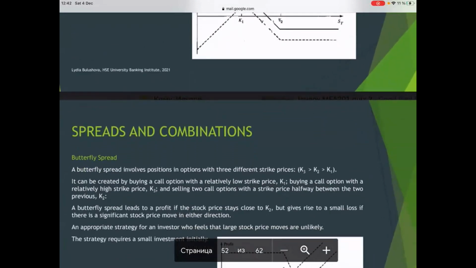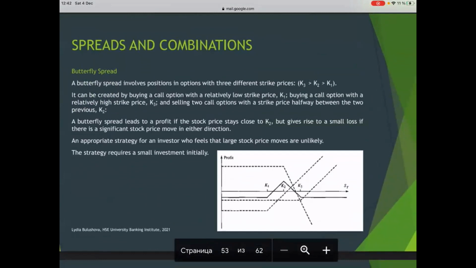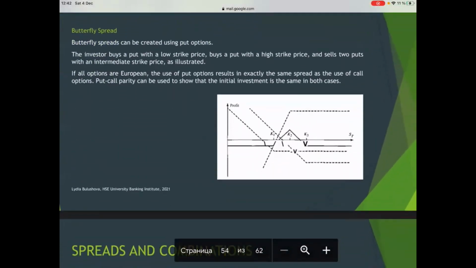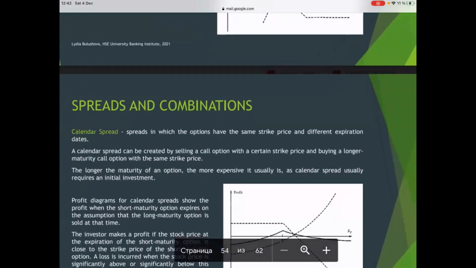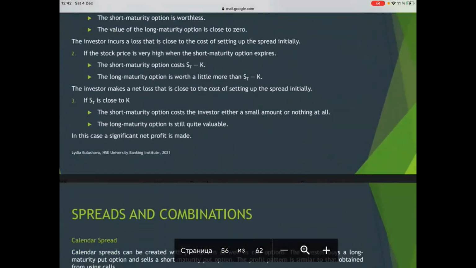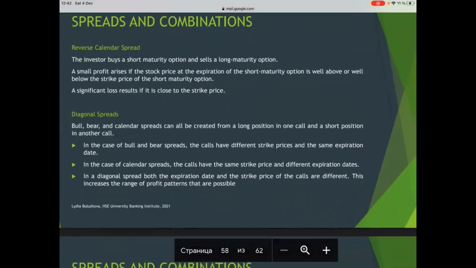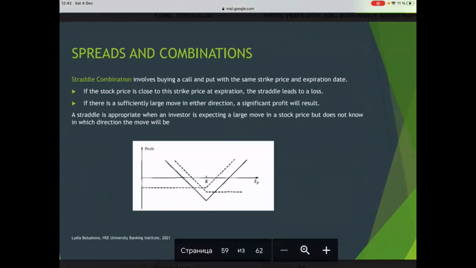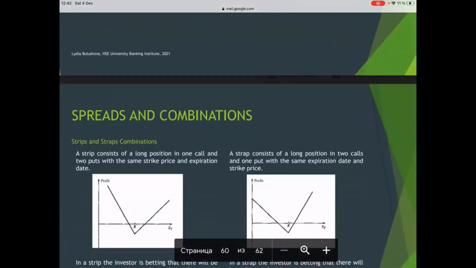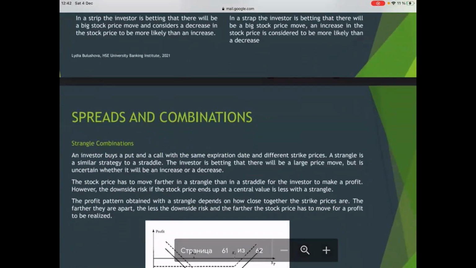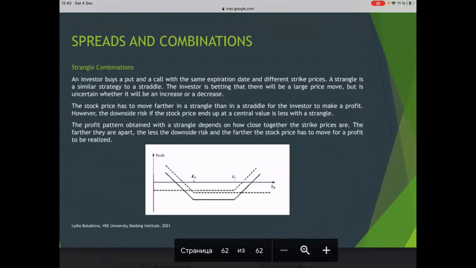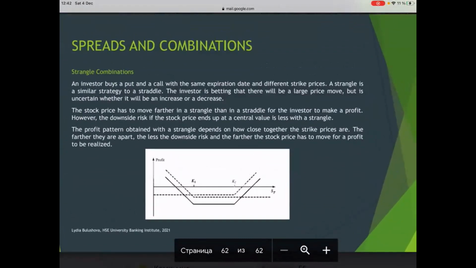The rest of this lecture is something that you won't see in your tasks. I won't give you any tasks on strangle or straddle or these combinations.